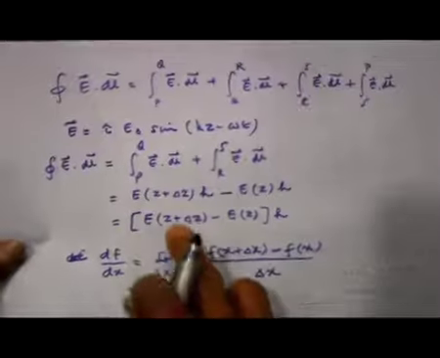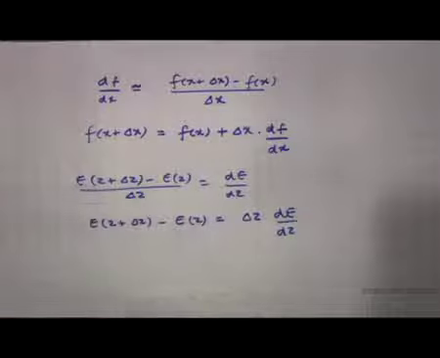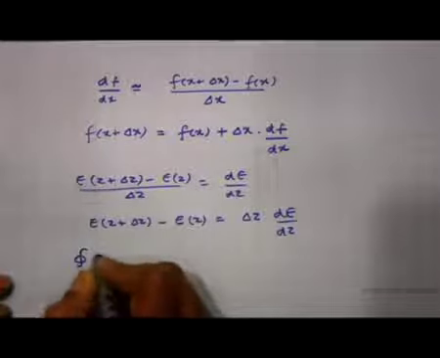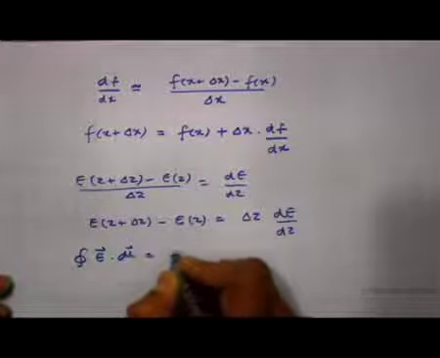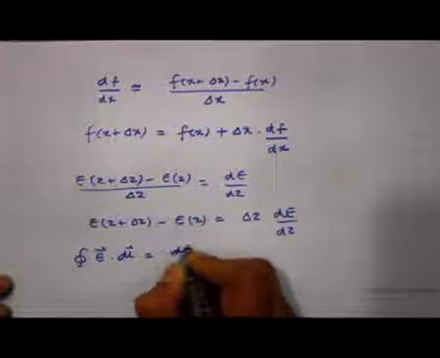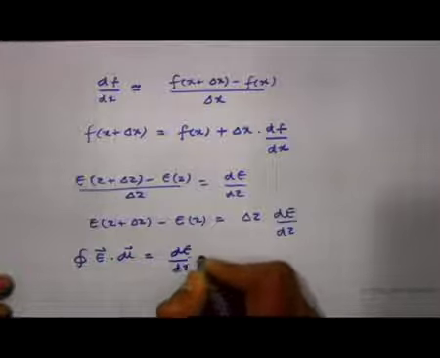So, I get the following equation: integral E dot dl is equal to dE by dz into h delta z.